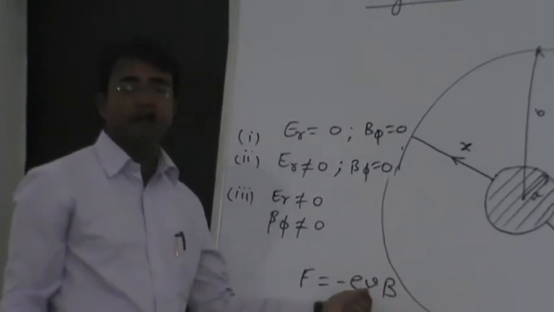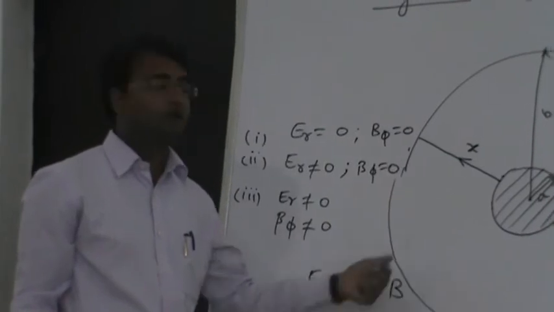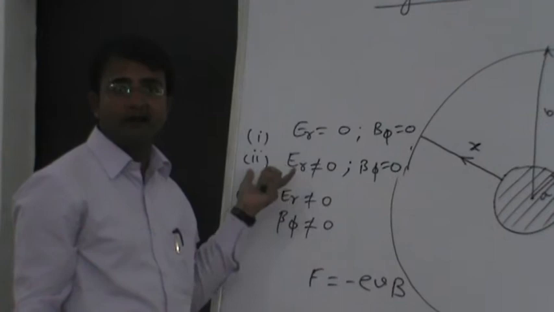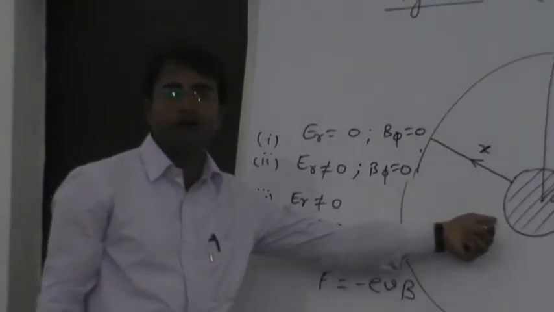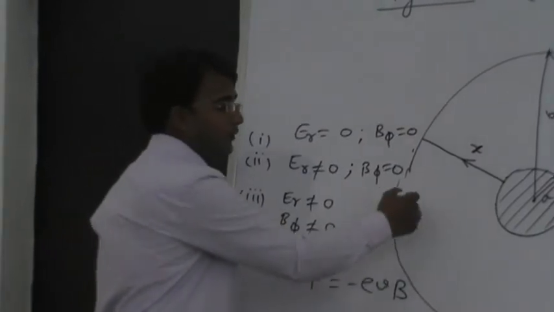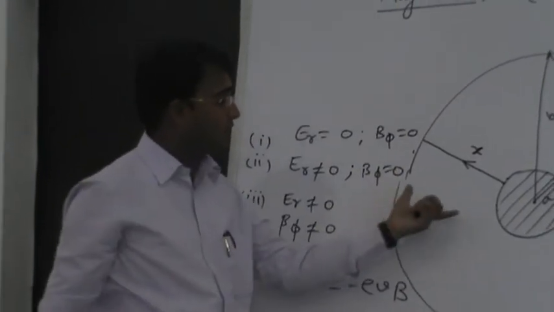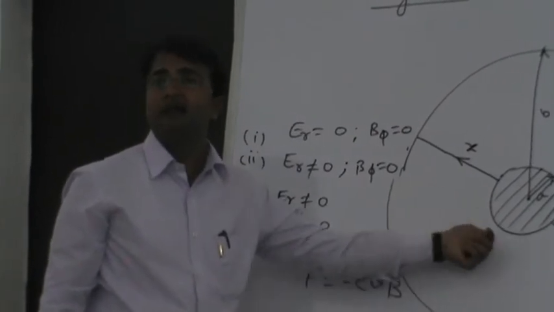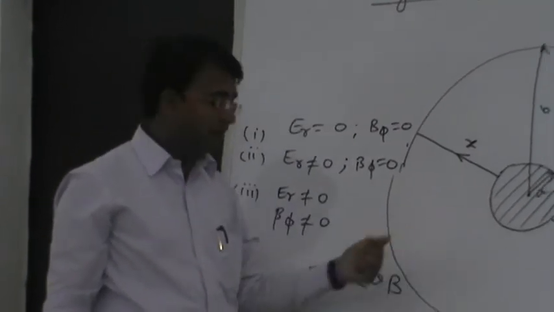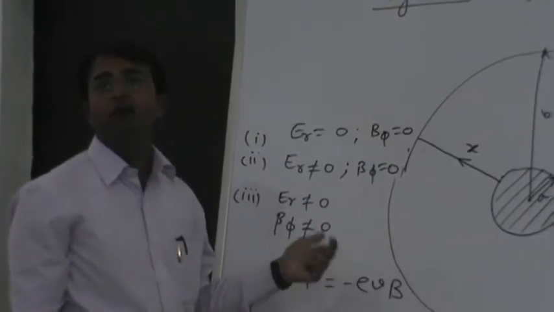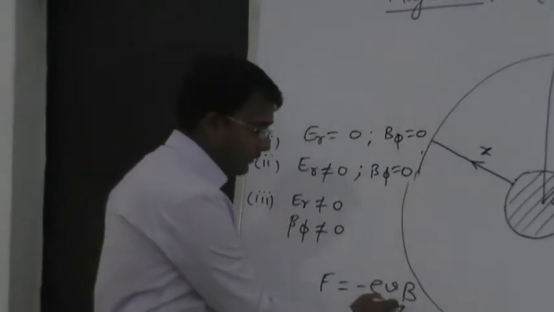V is the velocity of the electron because of the electric field. So because of the electric field, what is the velocity of the electron emitted from the cathode? If we apply more electric field, the velocity will be higher, and if the velocity increases, the force exerted on the electron will be more.